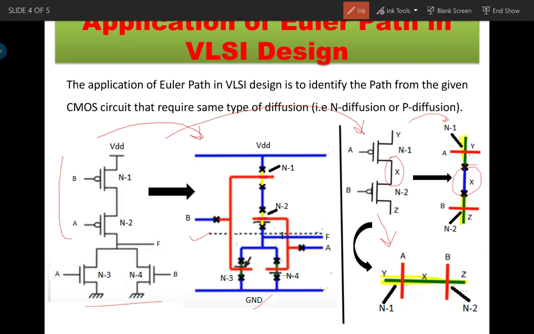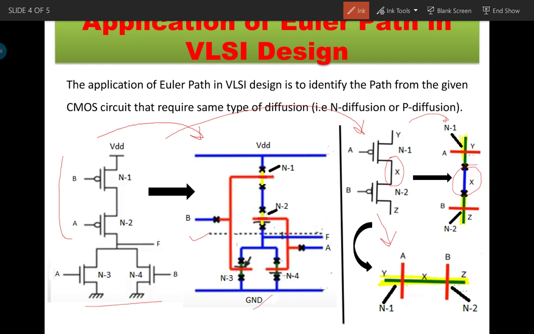For the two transistors, this portion is yellow because we are considering a PMOS, so the yellow diffusion shows the PMOS. Now a single diffusion layer is shown for both the transistors.